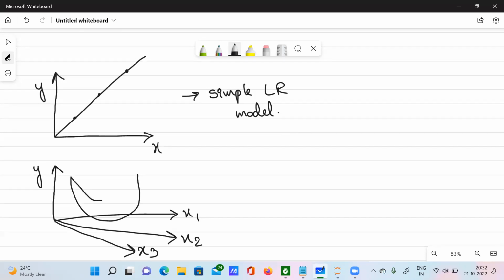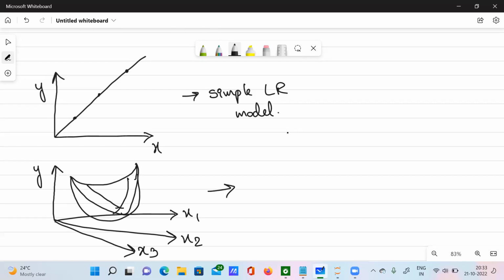Sorry for my drawing skills. So this would be our hyperplane here. That's the kind of structure here.